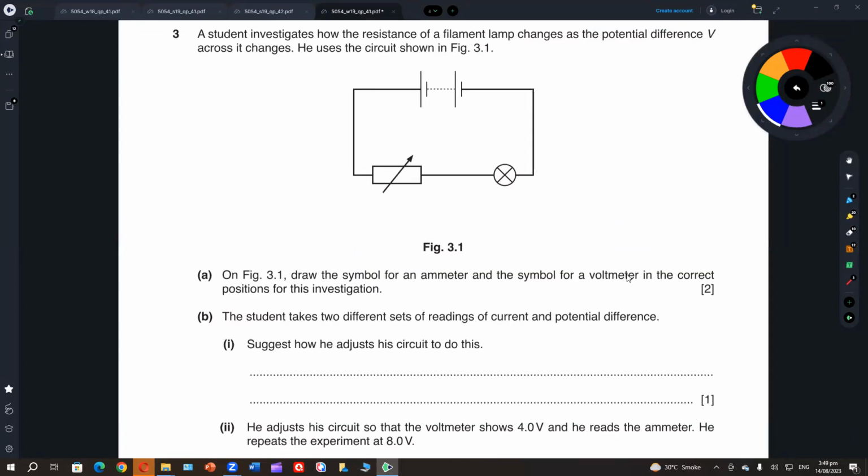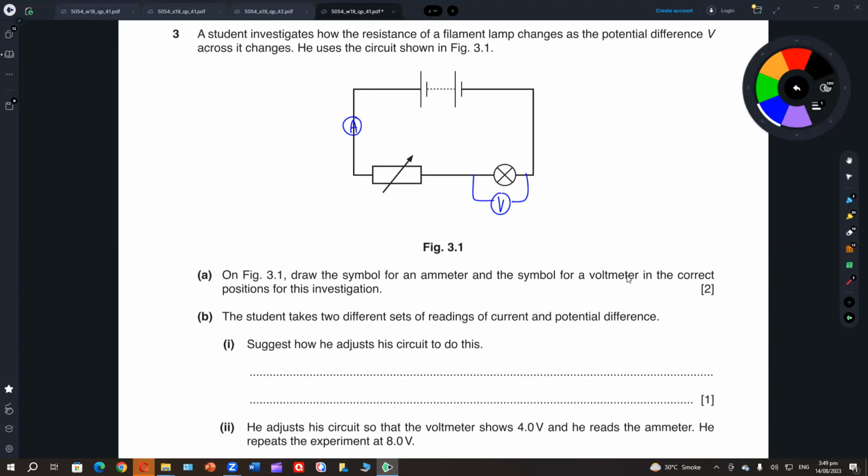So there is a rheostat, a symbol for an ammeter and the symbol of a voltmeter in the correct position for this investigation. Ammeter always comes in series and voltmeter always comes in parallel.